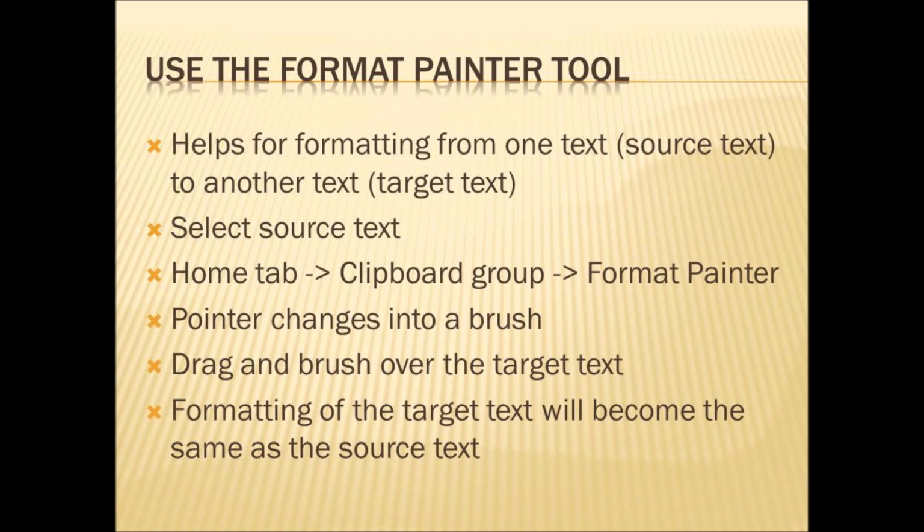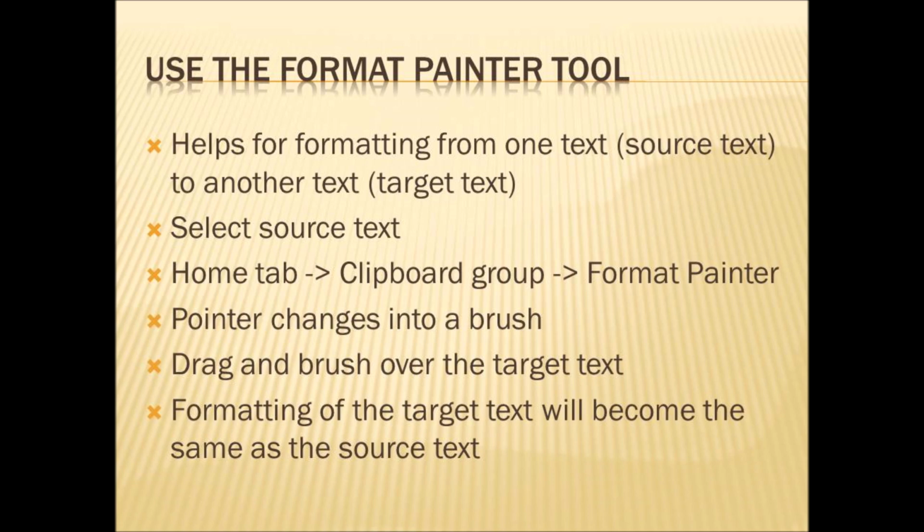First, you should select the source text. Then in the Home tab, under the Clipboard group, you should go to Format Painter. The pointer changes into a brush. After going to the Format Painter, the arrow pointer will change into a brush.